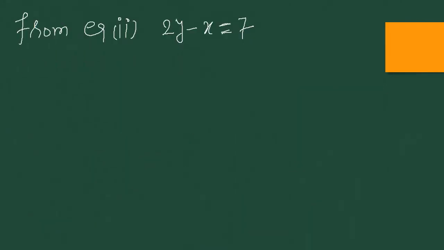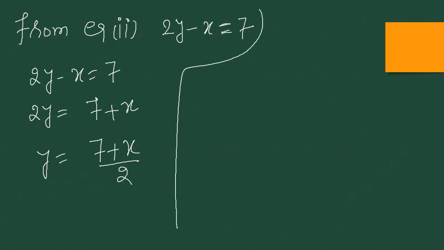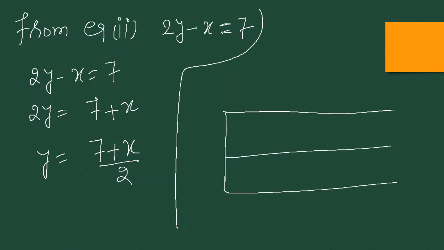As I said from the beginning, we have to calculate the values of y by keeping the values of x for both equations. So I took the second equation, 2y minus x equals 7. It is simple: y equals (7 plus x) upon 2. I'll try to keep the same values which were taken by us, so I'm writing the tabulation of the values.